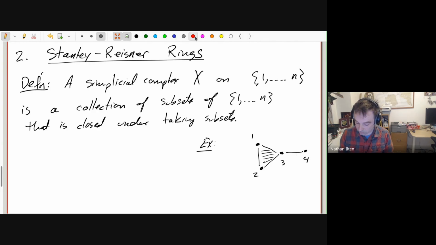But for instance, the set 1,4, this does not belong to my simplicial complex. And finally, the set with 3 elements, 1,2,3, also belongs to X. Okay? And so this is a collection of subsets of 1,2,3,4 that's closed under this property of taking subsets, right? Since 1,2,3 belongs to my simplicial complex, then any subset of that does as well.